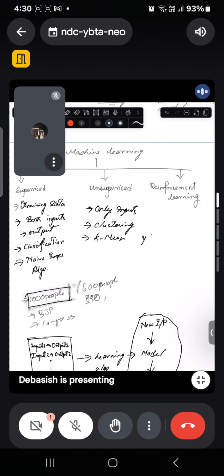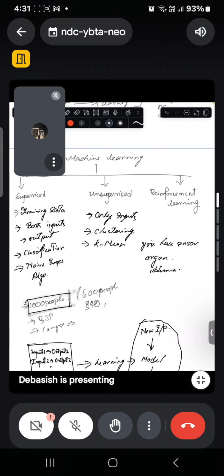You have the sensory organ. Let's say you are an alien, and you have to differentiate between human and other animals. So how will you notice?